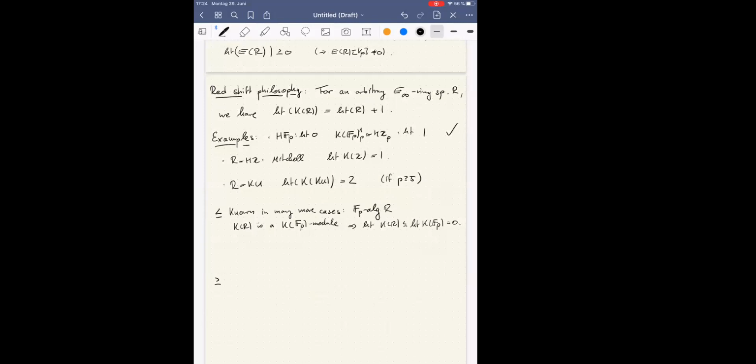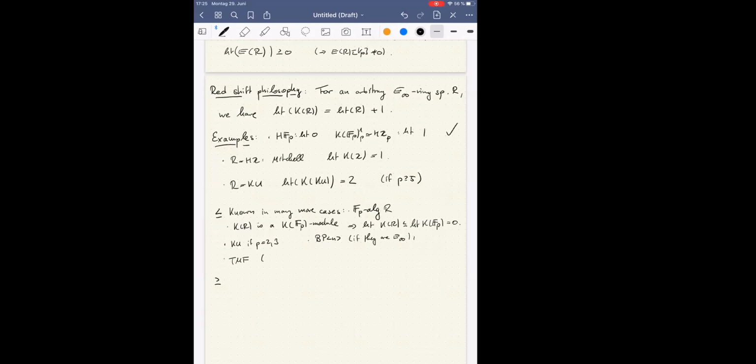So, what are more examples? It's true for Ku, also if the primes are 2 and 3. It's true for so-called spectra BPn if they are E infinity, which is not true in general, but in some cases. It's true for TMF, at least at the prime 2.